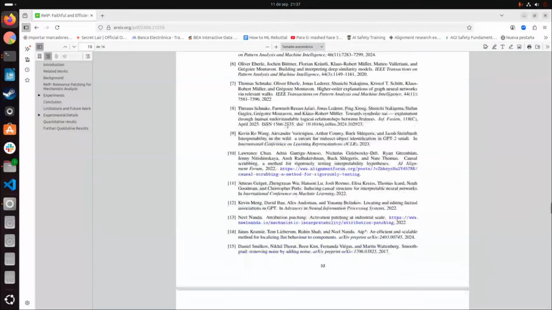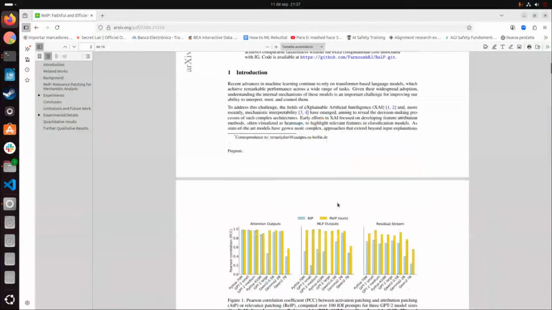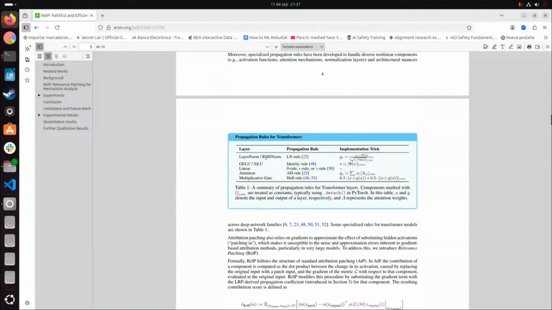I guess these rules are supposed to be on some table. Here it is. Yeah, and then rule implementation trick. Okay, yeah, so they have different rules for each.